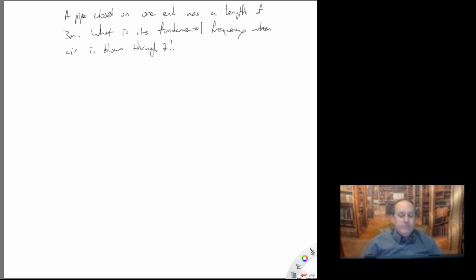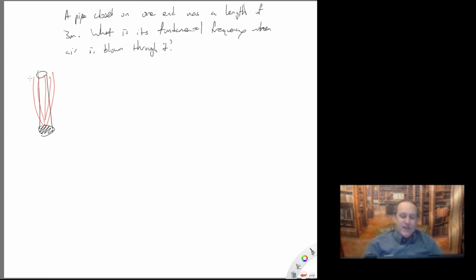Okay, so since it's closed at one end, let's just get this diagram back in our minds. What does the fundamental frequency look like? It looks something like this.